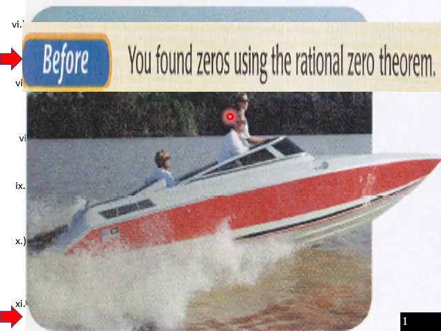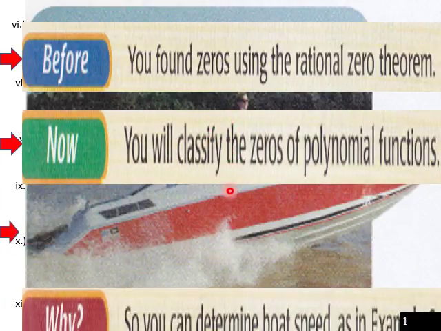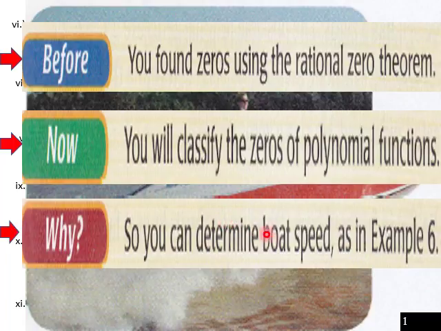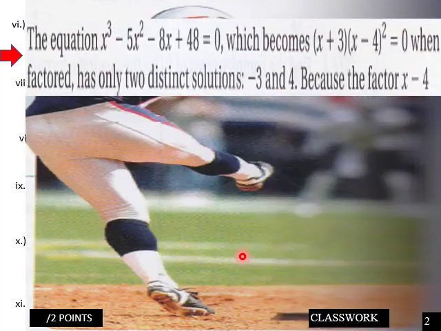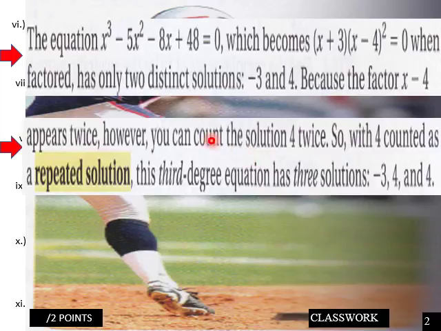You found zeros using the rational zero theorem. You will classify zeros of polynomial functions, so you can find the speed of a boat. So we have this equation, which becomes this after you factor out an x minus 4. When factored, it has only two distinct solutions, -3 and 4, because the factor x minus 4 appears twice.